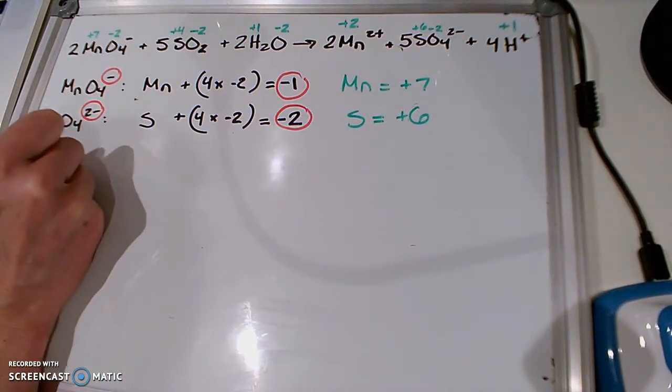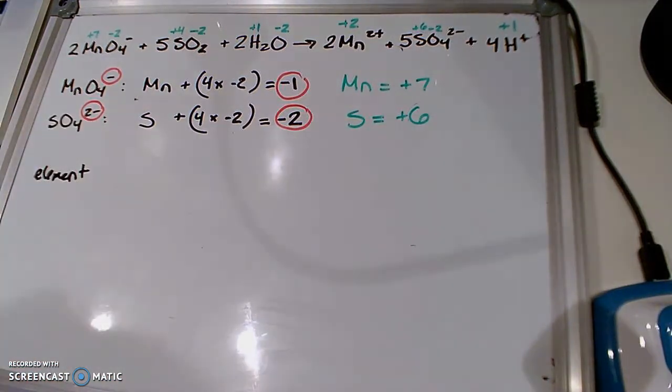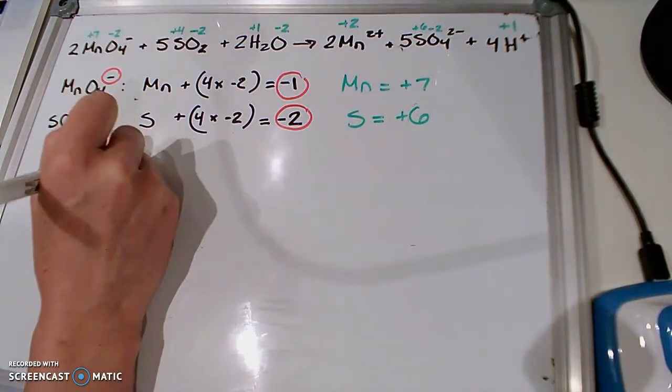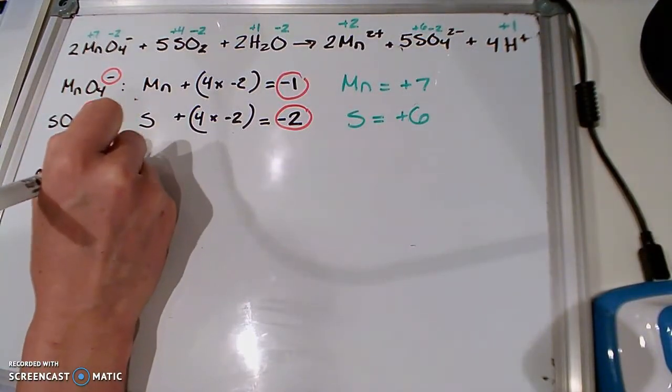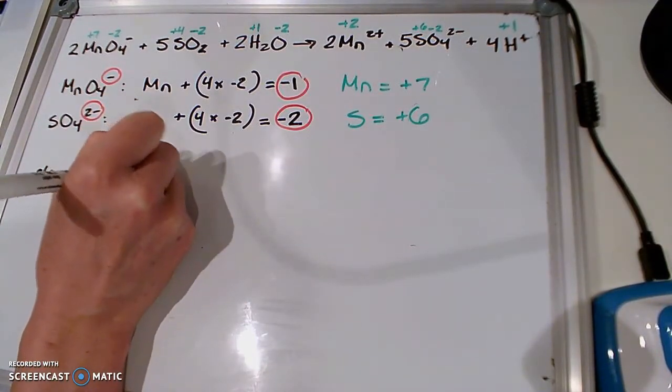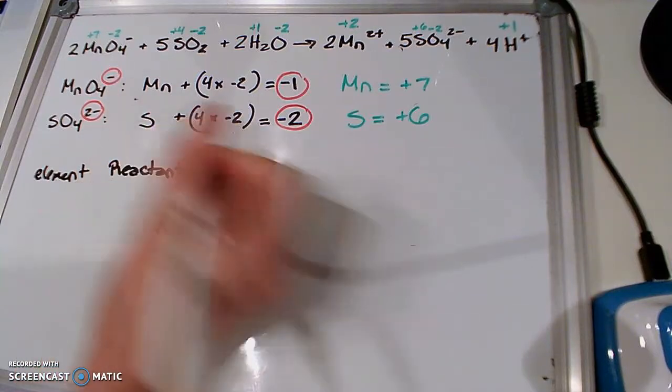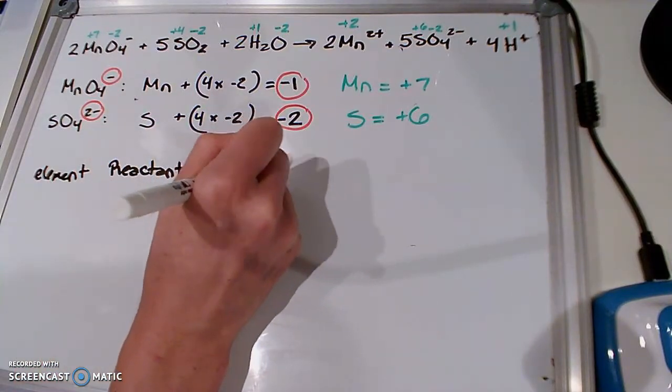Here's our element, its oxidation number on the reactant side, and then again on the product side.